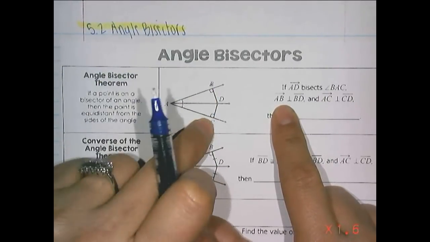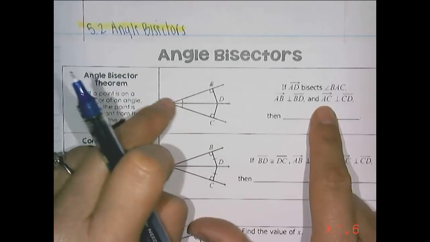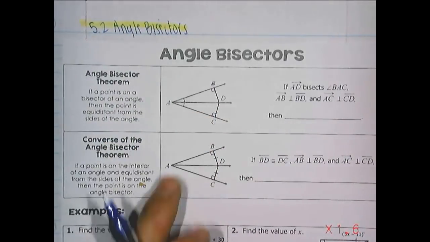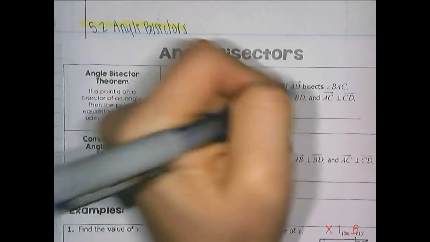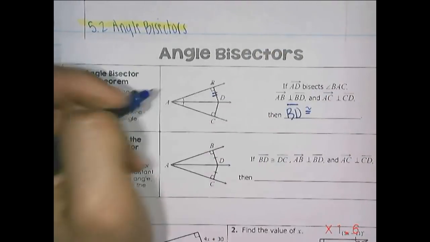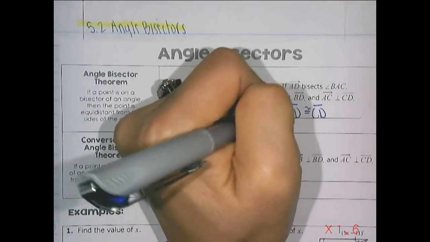So we get these two boxes, and we see that AC is also perpendicular. Then we can know, if we see that they're perpendicular, then we can know that BD is going to be congruent to CD.